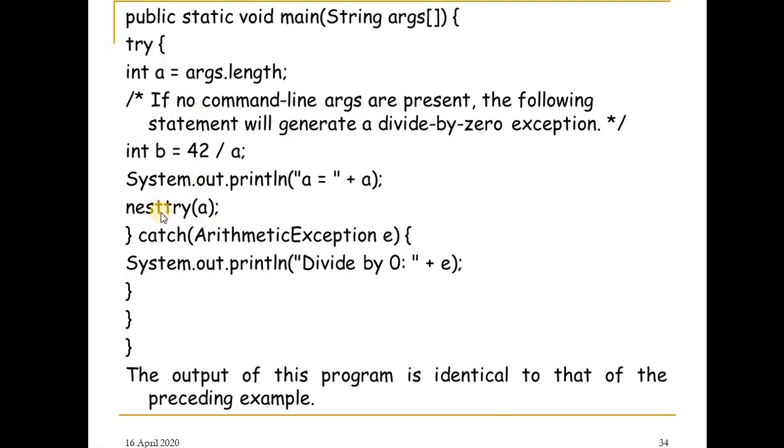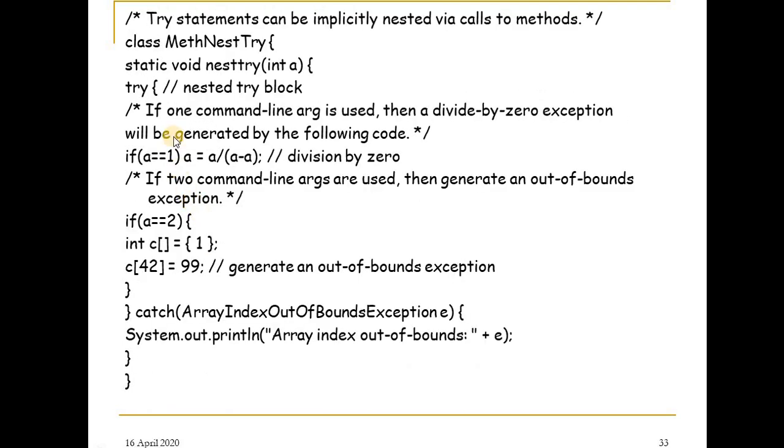So within a try block, you are making a call to the method nestedTry. In this nestedTry method, again you have defined the try block and the catch block. Within the try block of the nestedTry method, again, if the value of a that is passed to this method is equal to 1, again you will generate divide by 0 error.